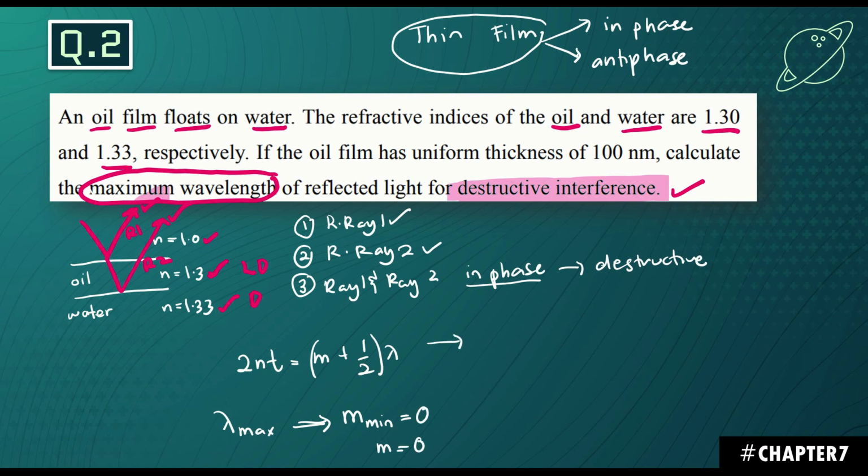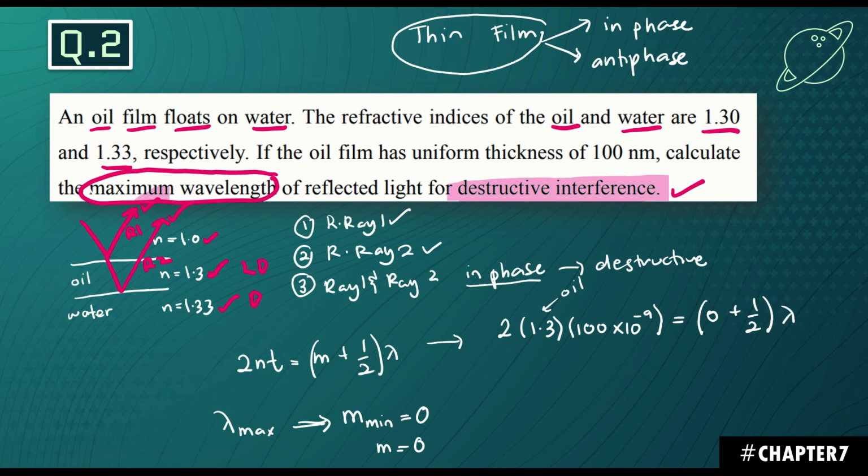Now we do the substitution. 2n, where the refractive index to be substituted is for your thin film. In this case, we choose oil as our thin film. T is 100 nanometer. m is 0, plus half, lambda.